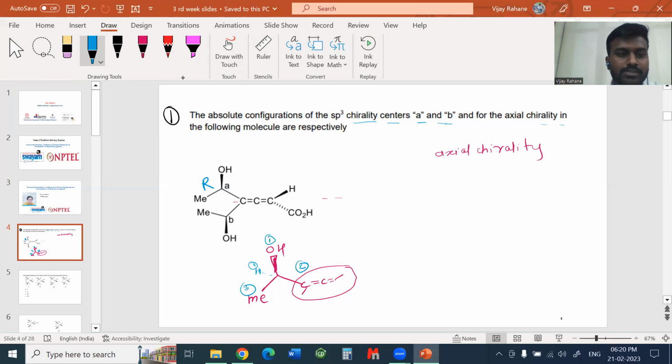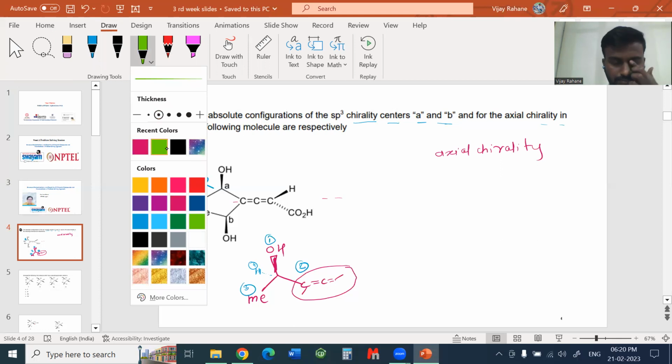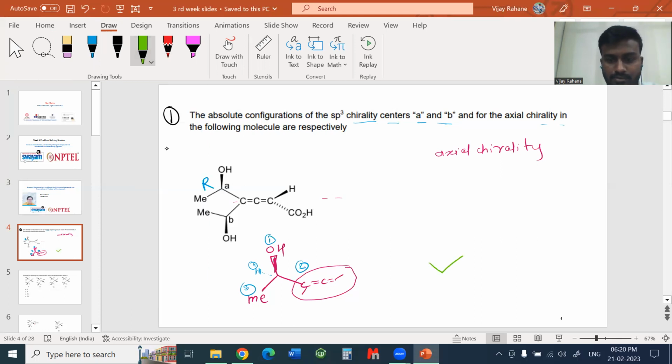Similarly, what is the configuration for the second center? We will draw exactly what is given in the problem. So here is OH, here is methyl, and here is the group. We'll draw it as a circle.